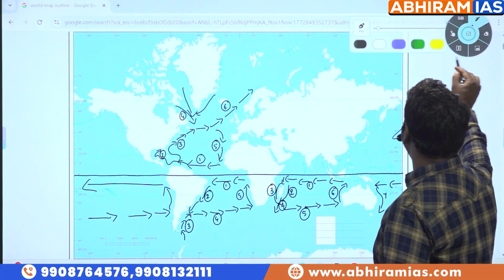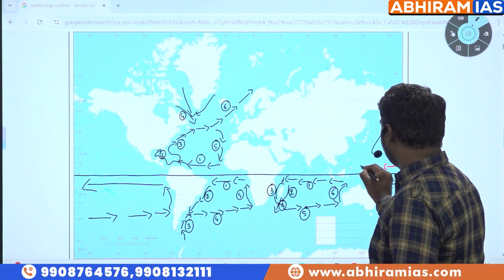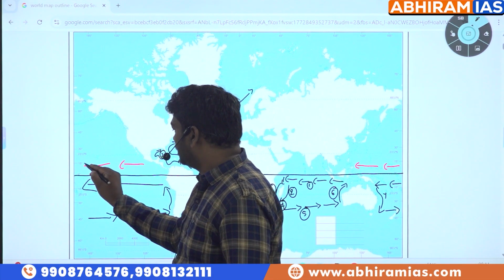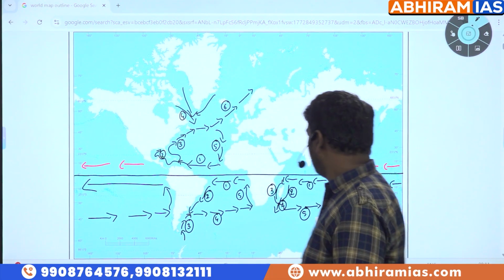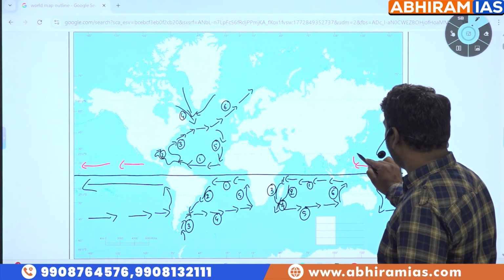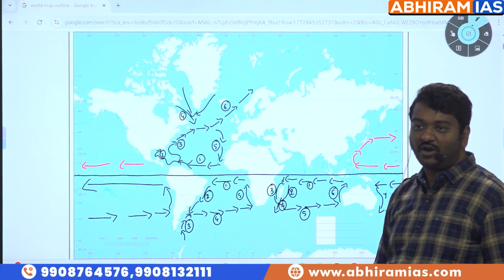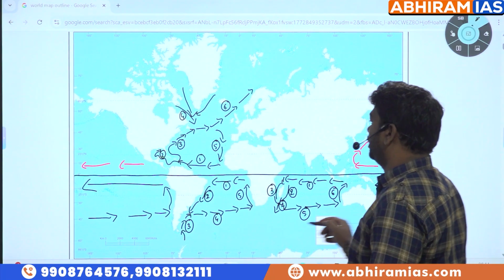Slowly see once. Yes. Above the equator, what is it called? North Equatorial current. After hitting, one branch goes like this. What is it called? Kuroshio. Good.